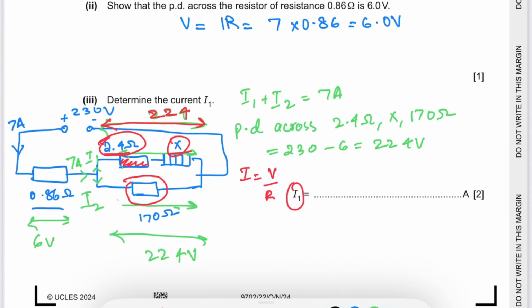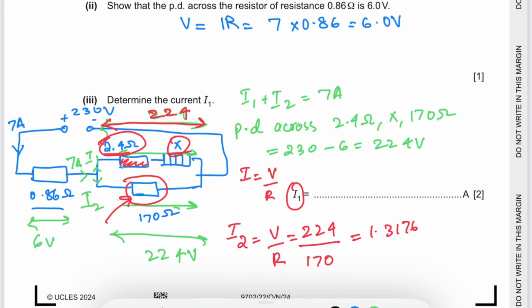Instead, we can find the current in the 170 ohm resistor. That would be I2 equals V by R. The voltage across this is 224 divided by its resistance, and that's equal to 1.3176. We don't have to work with all of those decimal places, I just like to keep it safer.